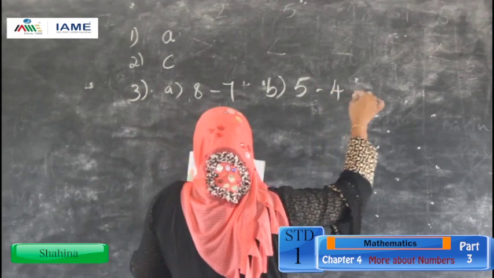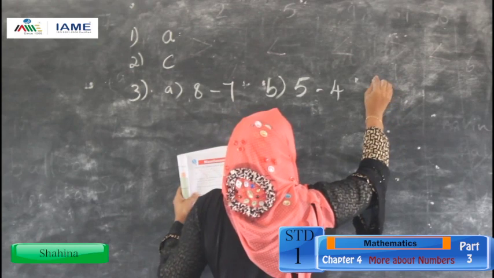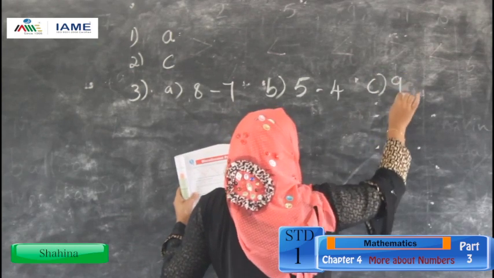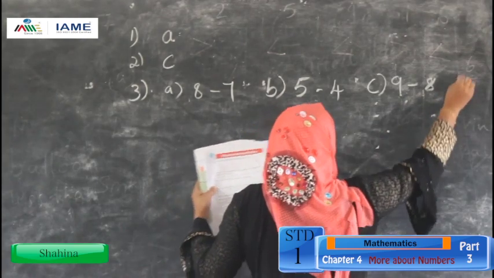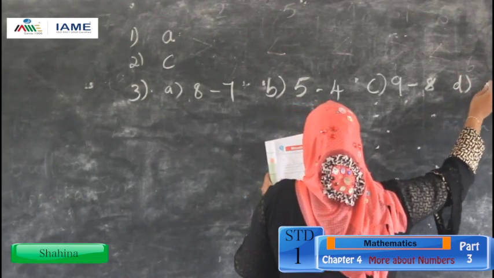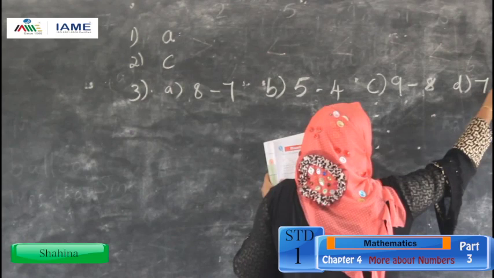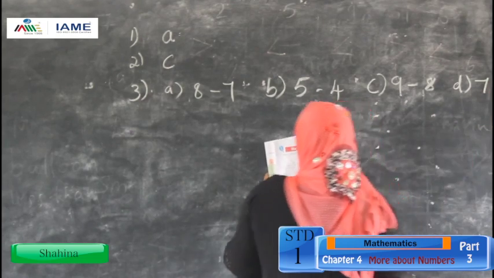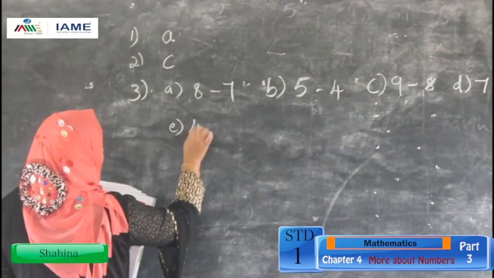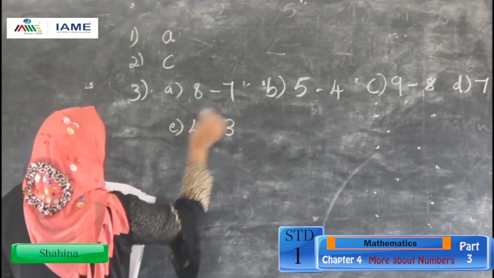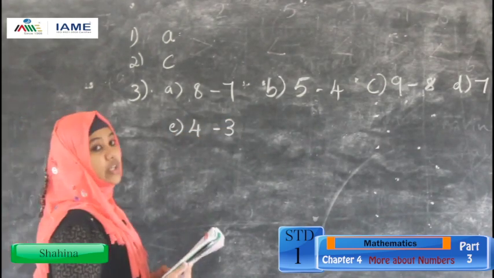Yes, 4. And before 9, which number comes? 8. Before 7, which number comes? 6. The last one, before 4, which number comes? Okay, 3. Like this you have to write.